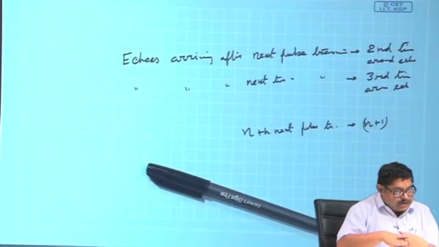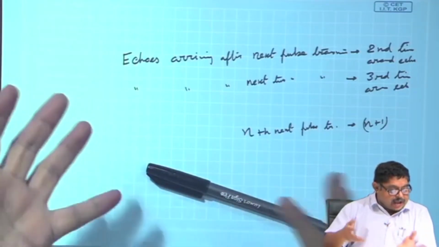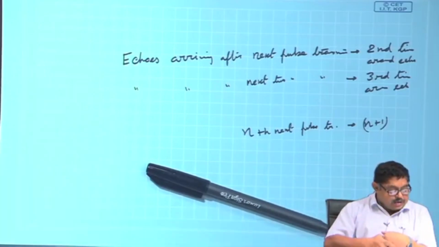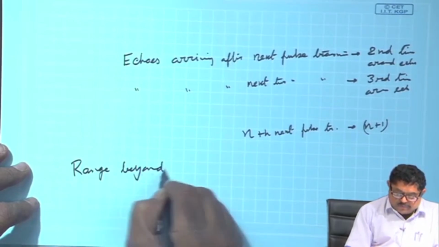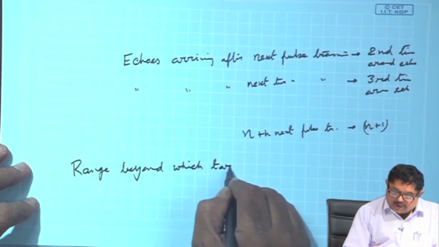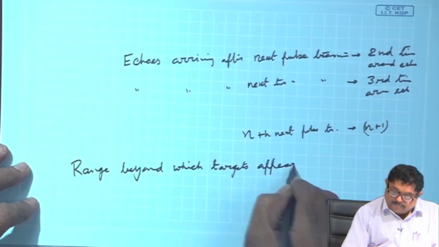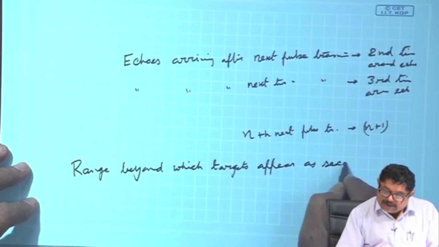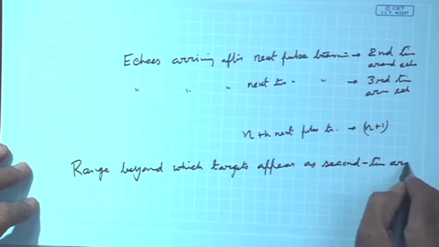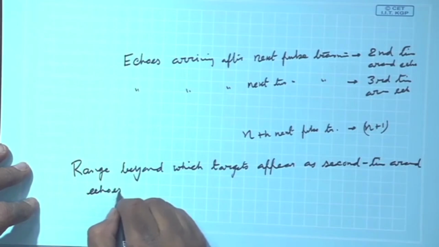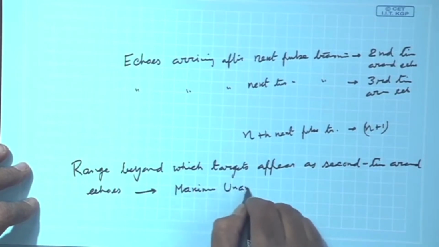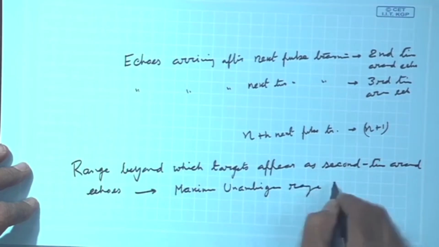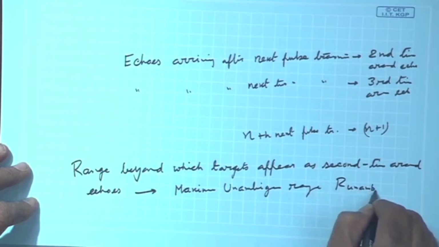The actual definition: the range beyond which targets appear as second time around echoes is called the maximum unambiguous range, or R unamb max.